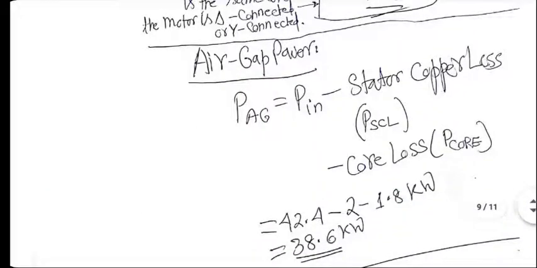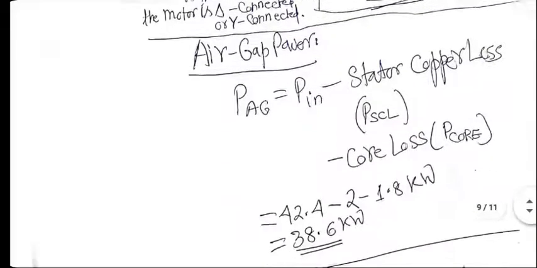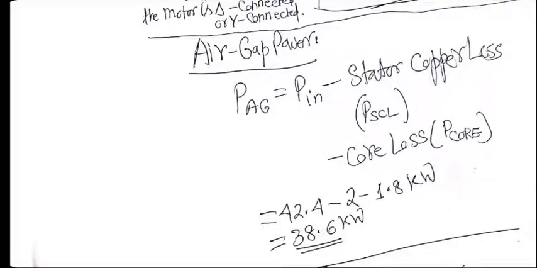So here we go: 42.4 kilowatt minus 2 kilowatt minus 1.8 kilowatt. That is the air gap input power. That is the power that the stator is trying to couple to the rotor. Not everything can be coupled, of course. But we call it PAG, air gap power. And the number is 38.6 kilowatt. Out of 42.4 kilowatt input, 38.6 kilowatt will actually be coupling to the rotor.